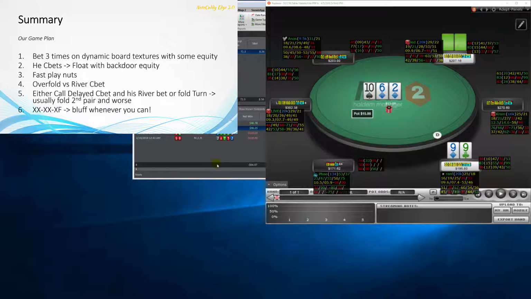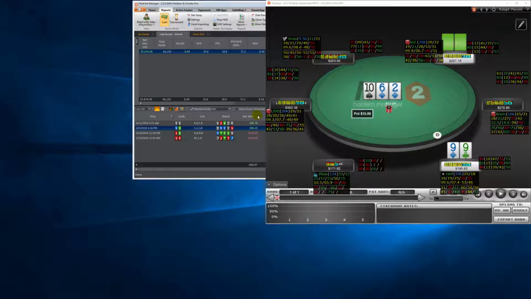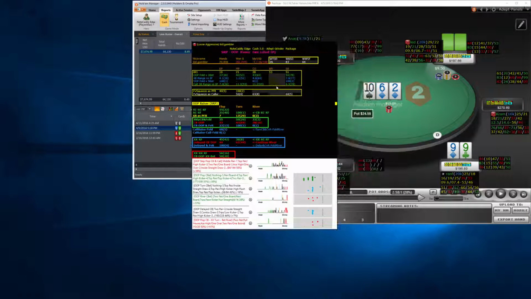Okay, we have our hand here with pocket nines, so let's quickly analyze it. Our opponent c-bets 950 into 15, and we're definitely gonna call because of his tendencies.